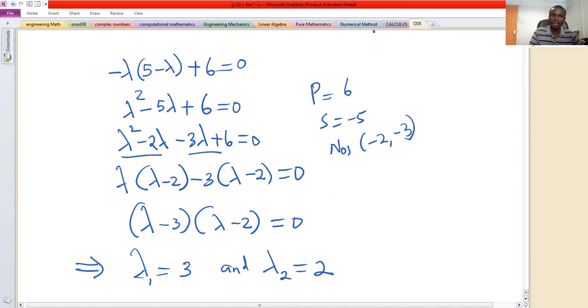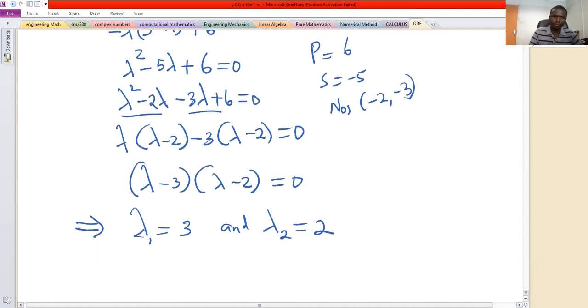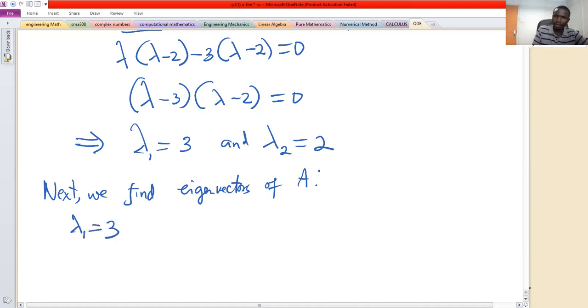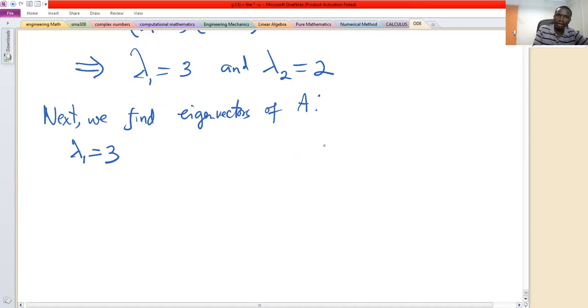Immediately after eigenvalues, you get eigenvectors. Next, we find eigenvectors of A. So let's start with lambda 1 equals 3. Now remember, we have a 2 by 2 matrix, so let the eigenvector be U1, whose components are x1 and x2.